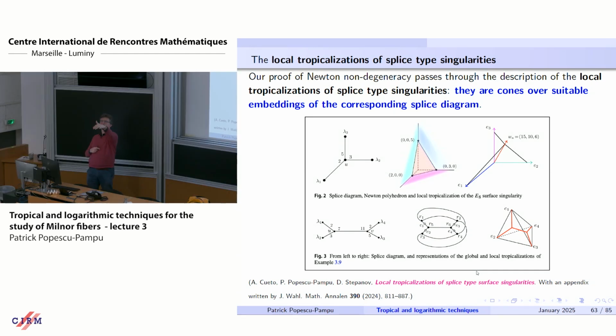Let's look at a transversal section, for instance, which joins the vertices of the coordinate vectors. We get a tetrahedron in our three-dimensional space. And now you can intersect the local tropicalization, which is a cone, with that tetrahedron. A basic fact is that the local tropicalization of an object of dimension 2 is the support of a fan of dimension 2. So by that hyperplane section, you see a graph.